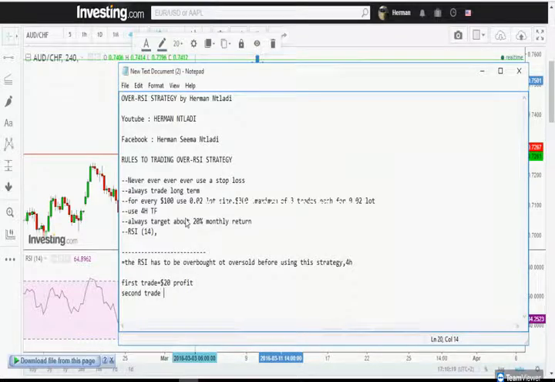Second trade, 0.02 times 200 pips. That's $40 profit. So all in all, you have got $60 profit.